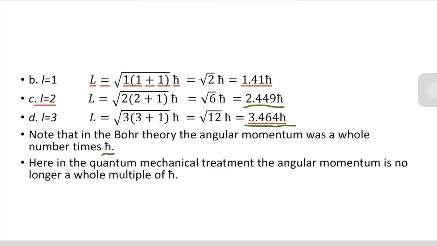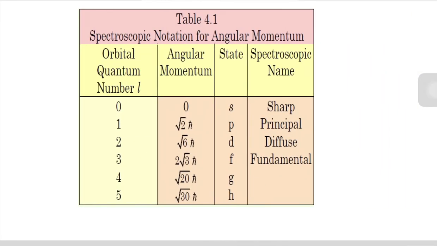But here, in the quantum mechanical treatment, the angular momentum is no longer a whole multiple of h bar. As we see, in the second case it is equal to 1.41 h bar, in the third case 2.44 h bar, and so on. It's not a whole multiple of h bar.